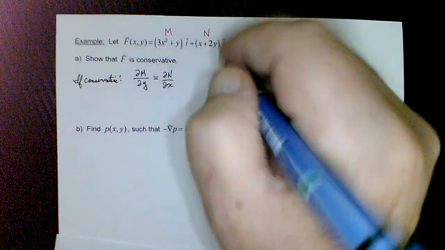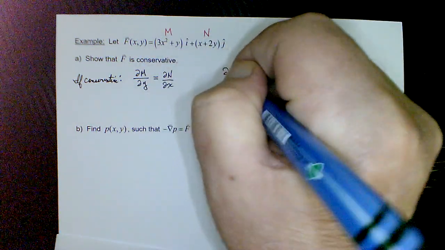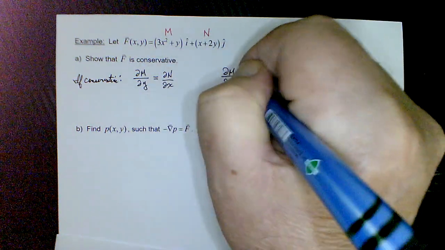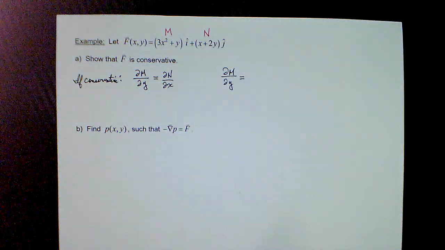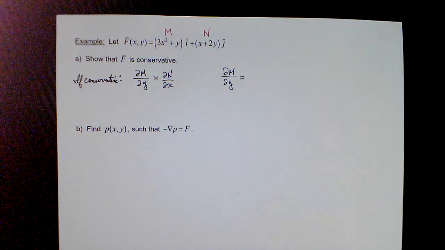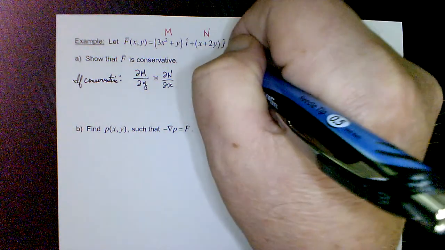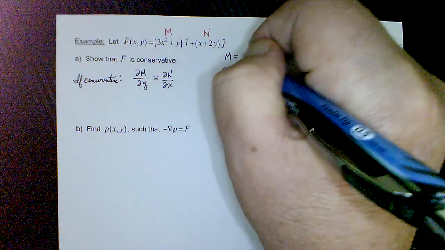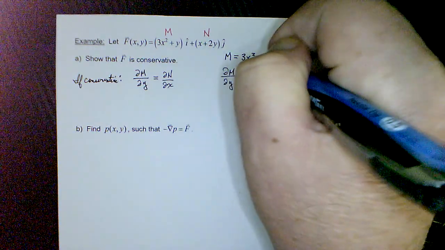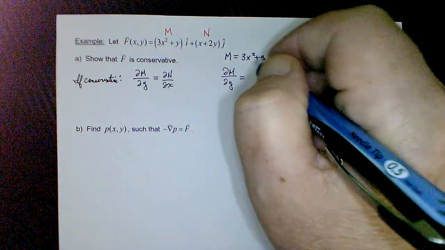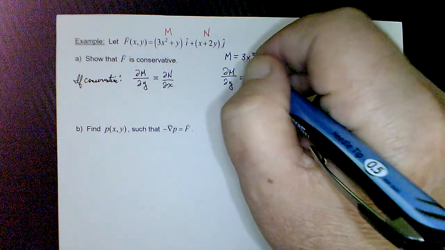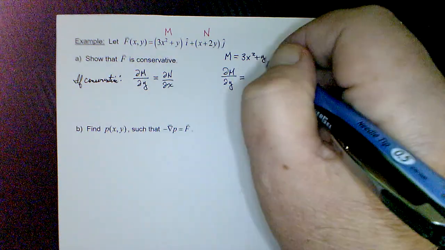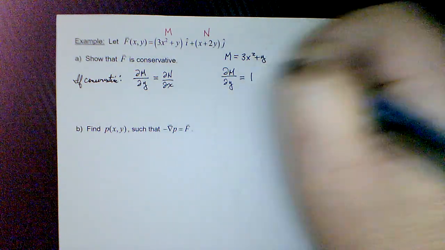Okay, so partial of m with respect to y is, since m is 3x squared plus y, then 3x squared is a constant, so its derivative is 0, derivative of y is 1.